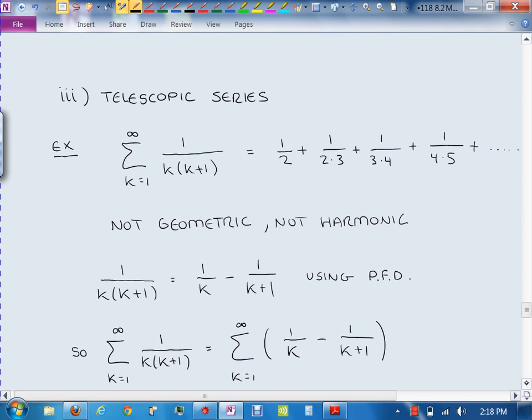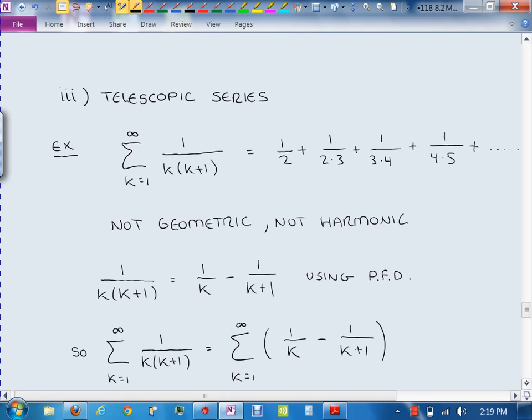Let me approach it this way. Why is it not harmonic? Because for harmonic, I would need a constant over something that keeps going up by 1. Looks like I go 2, then 3, then 4, then 5, so it looks like my denominator is going up by 1. But what's on top?